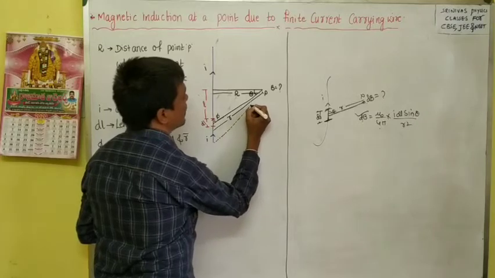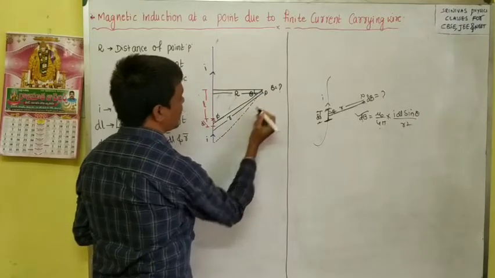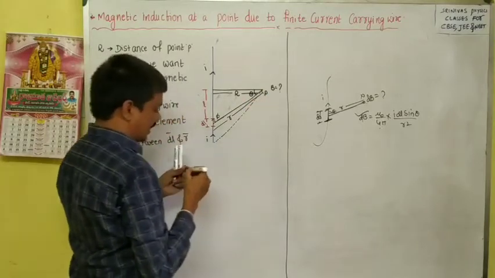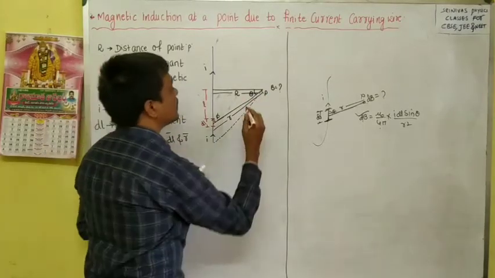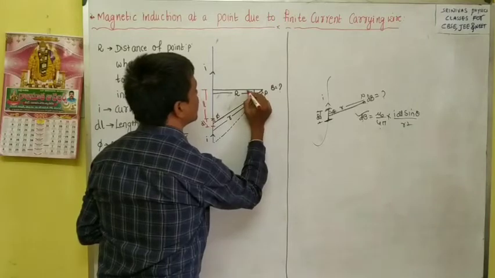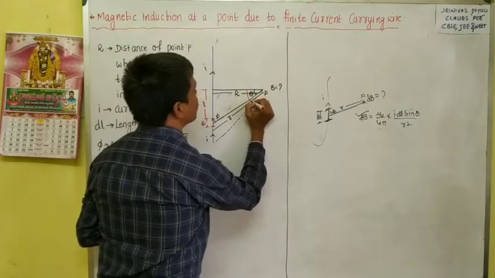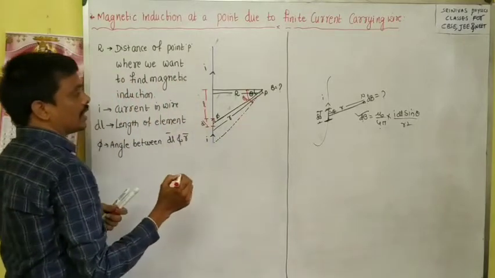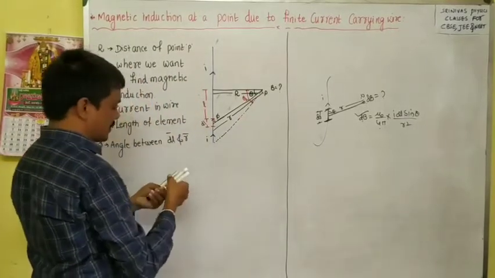Join the lower end of the wire and the point P. It makes some angle, which I will take as theta 2. And now the upper edge is making some angle.